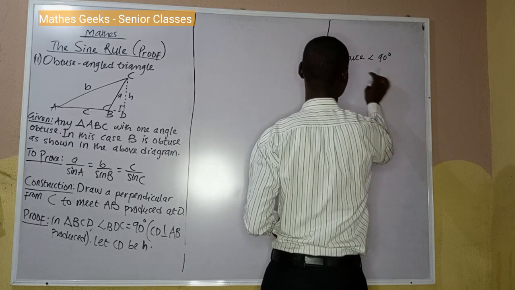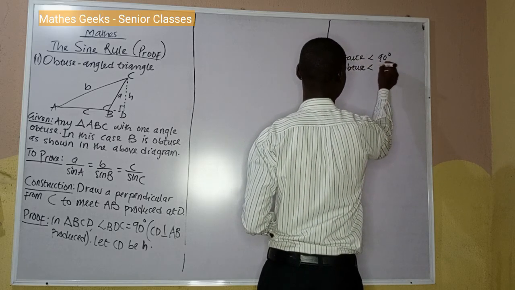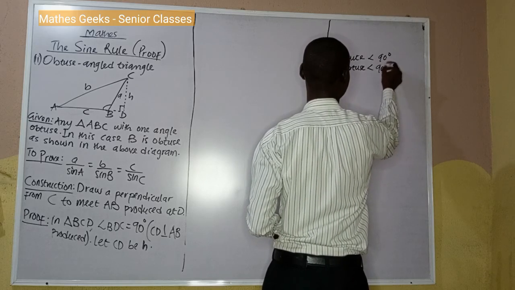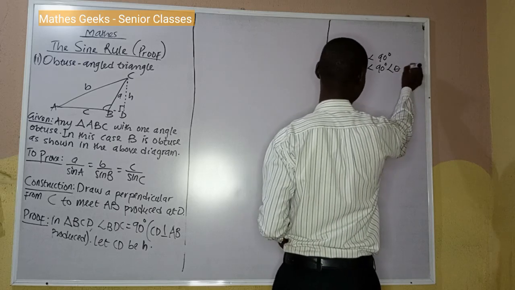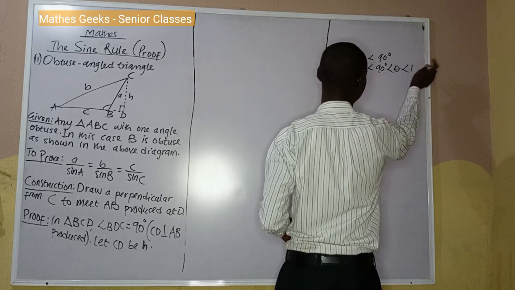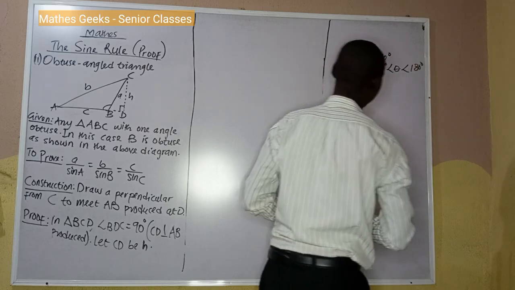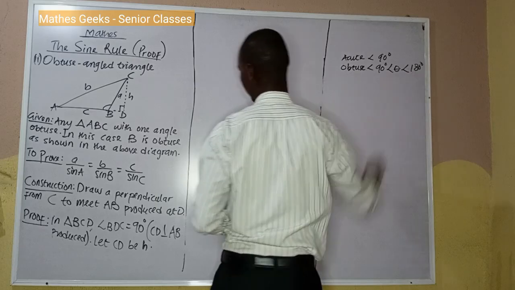Obtuse angles are angles greater than 90 degrees but less than 180 degrees.